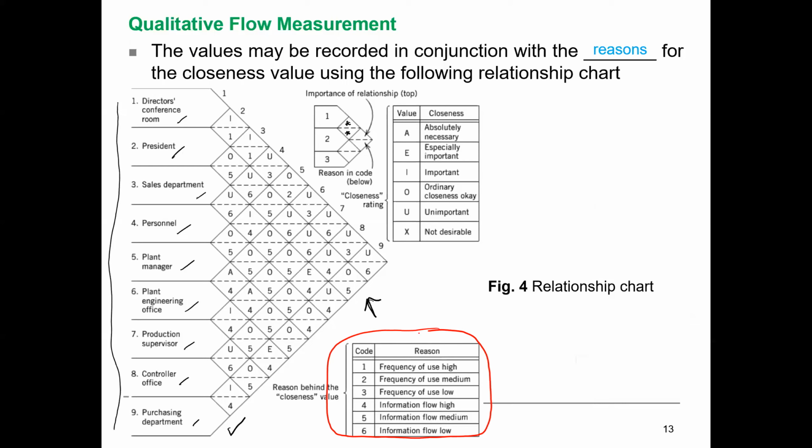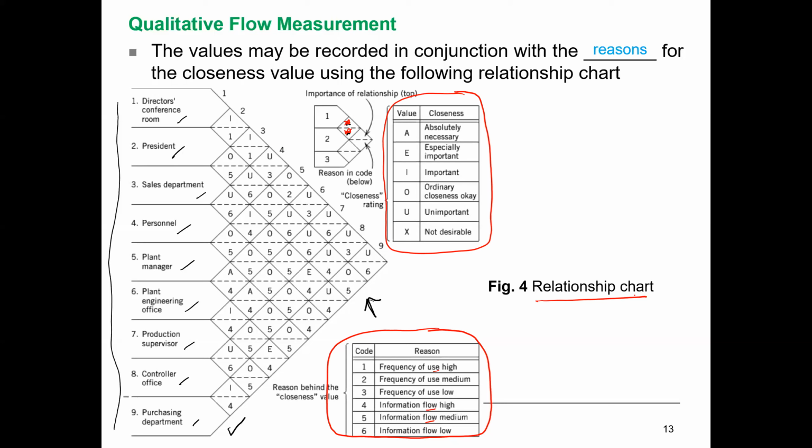And then 3 of them are based on use, and then 3 of them are based on flow of information. So the idea is that we can use this formatted values to define the relationship between the departments using the relationship chart.